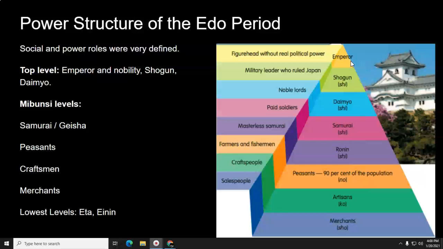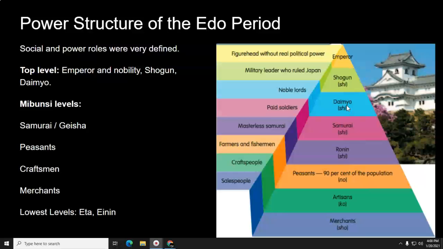She's held in respect, but she can't really do anything. And then underneath the emperor was the shogun, who was the military leader, and he was the most important person. Then the daimyo, which were the lords that held rule over land. Think of them like governors of states. And then the daimyo samurais, which were paid soldiers.